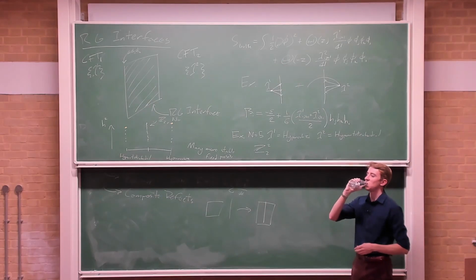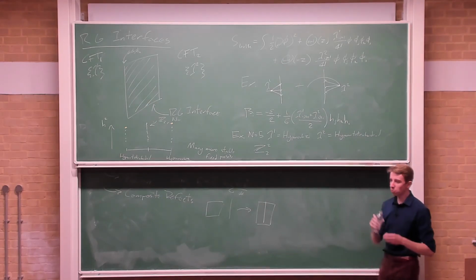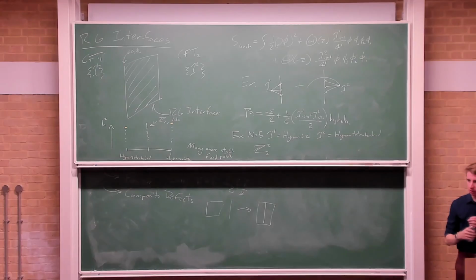So you mentioned at some point that if you include higher-order corrections to the analysis, it's going to change regarding the stability. That's right. What is that?